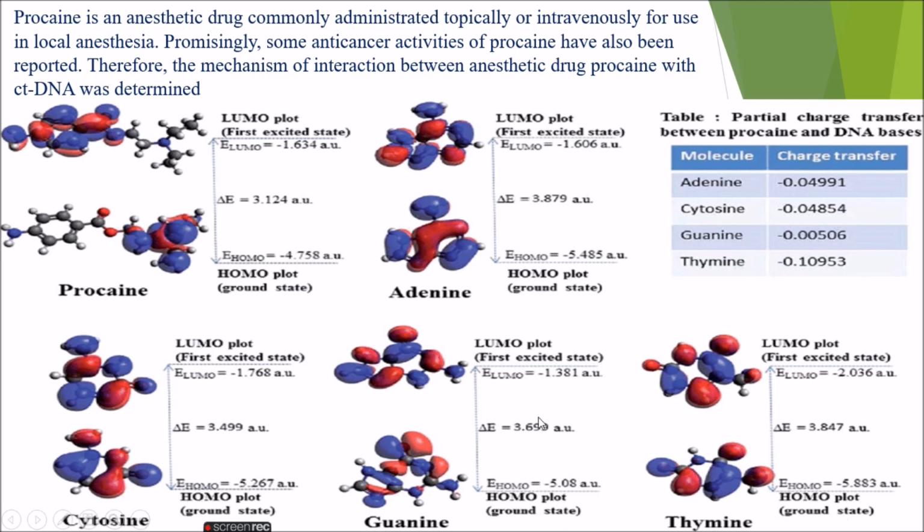Adenine has a HOMO-LUMO energy gap of 3.879 atomic units, cytosine is 3.4, guanine is 3.69, and thymine is 3.84. Almost all of the energy gaps for the drug and the DNA bases are the same, so the electronic excitations are very similar, very close.